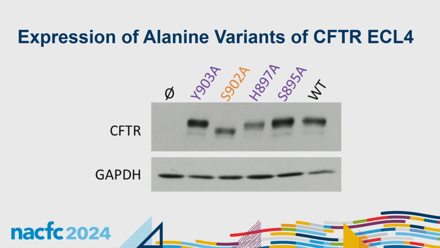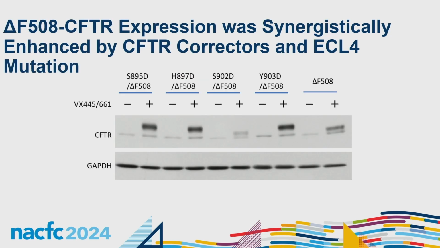So lastly, we want to assess if this phenotype will be recapitulated in the context of delta F508, in the absence and presence of CFTR modulator. So we mutated these aspartic acid variants with additional delta F508 and expressed them in the cells.